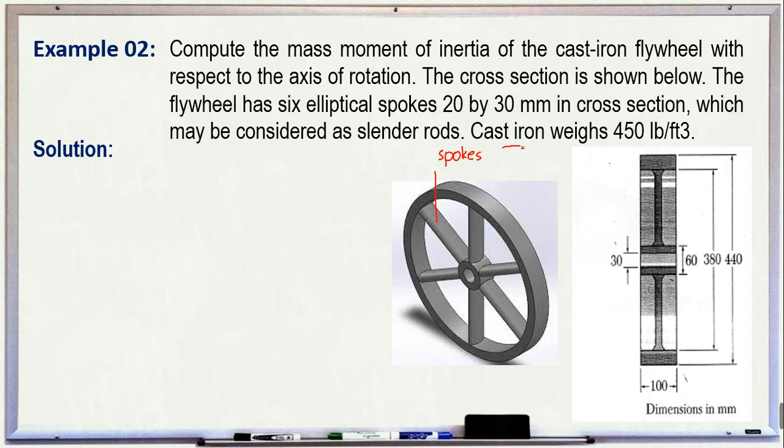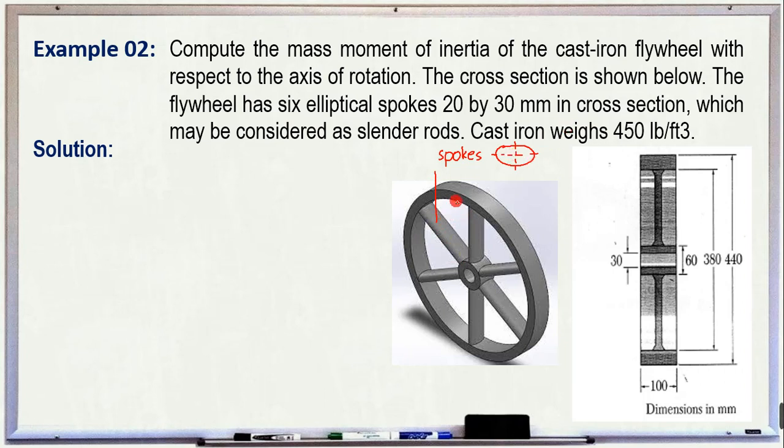It is elliptical when it has this form, so it has a major axis and a minor axis. Each spoke measures 20 by 30, which may be considered as slender rods. It is a slender rod, but its cross-sectional area, unlike the circle we derived, is elliptical here.